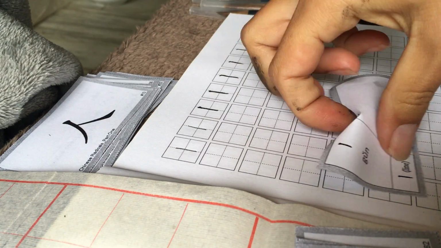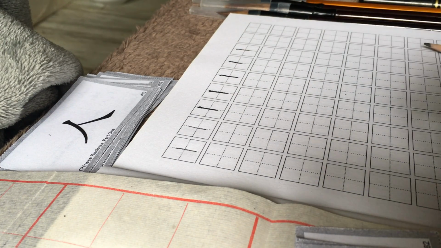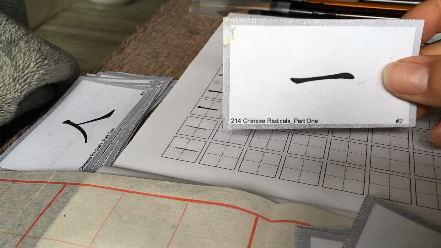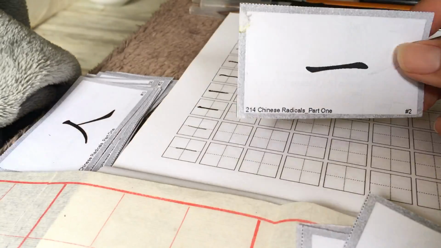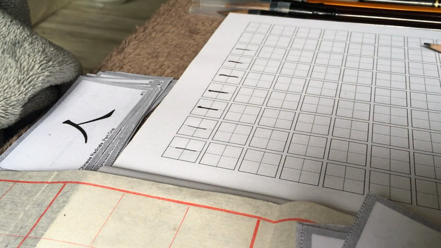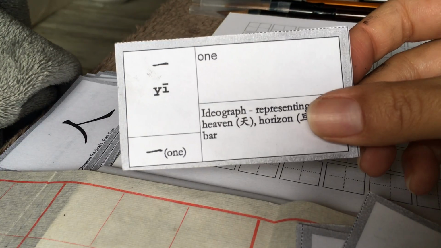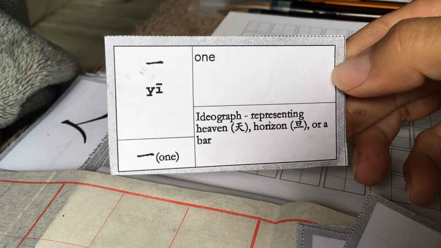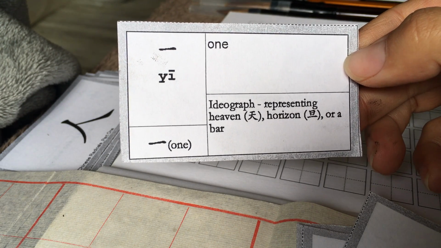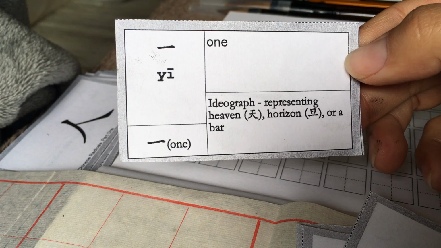Okay, so the next radical we'll do is this guy, which is the character, radical yi, which is one. It's an ideograph representing heaven, a horizon, or a bar.